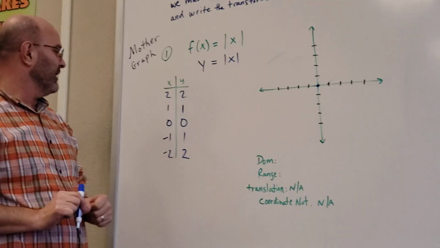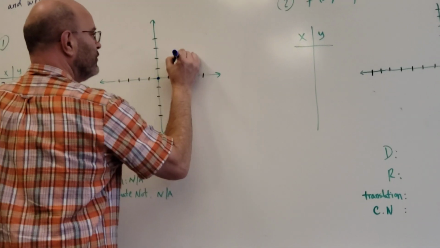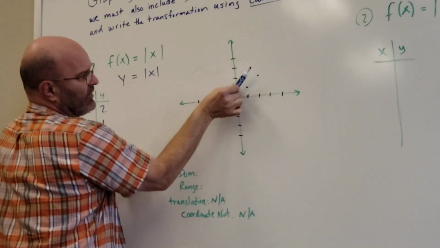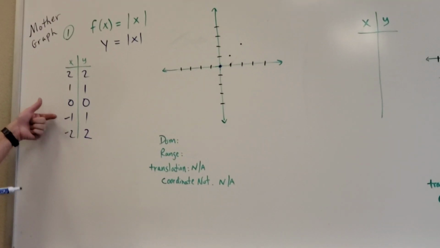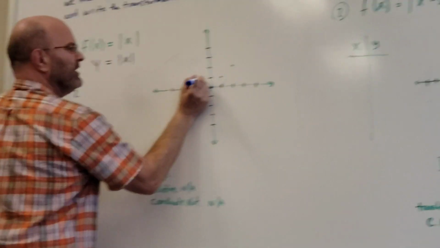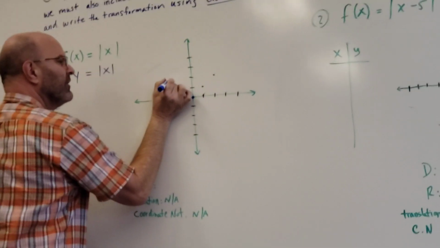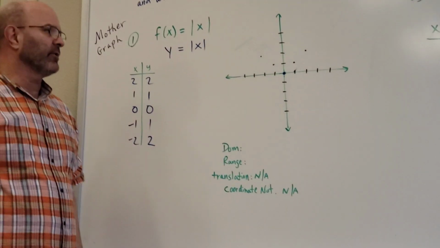Be very careful as you plot these points. 1, 1 is here, 2, 2 is here, and notice it appears that the slope is +1 on this side. I have 2 more points to plot. -1, 1 is here, and -2, 2 is about there. Your graphs will look a little bit better because you'll have graph paper.